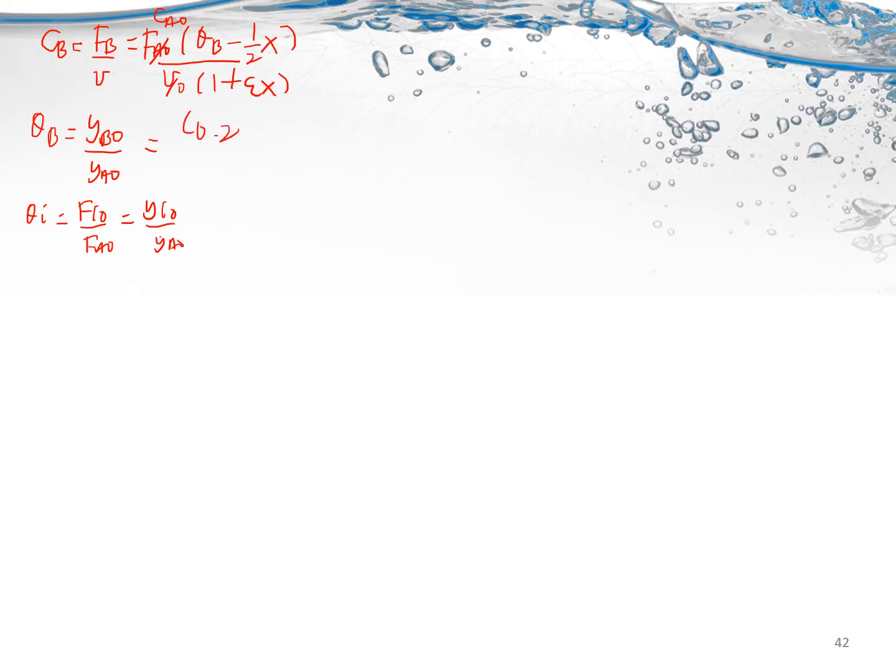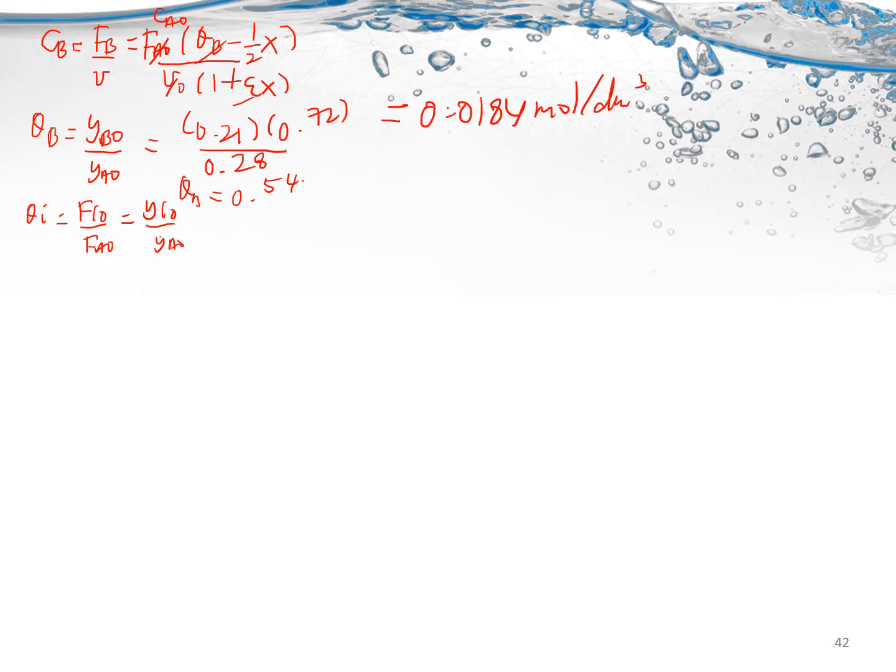So 0.21 times 0.72 divided by y_A0, the one that is given in the question, which is 0.28. So you will have the value of 0.54. Then you put the values for theta_B and epsilon here, and the answer for C_B is 0.0184 mole over decimeter cube.